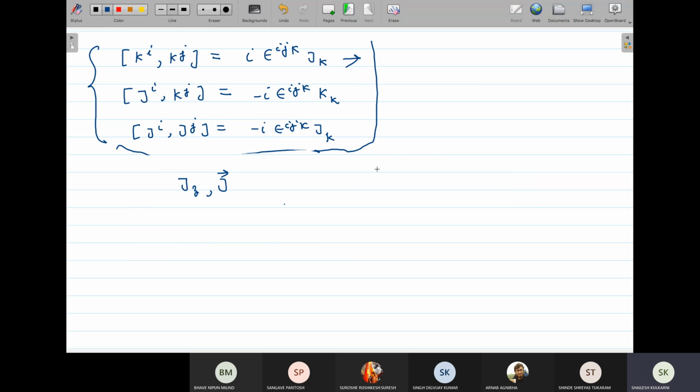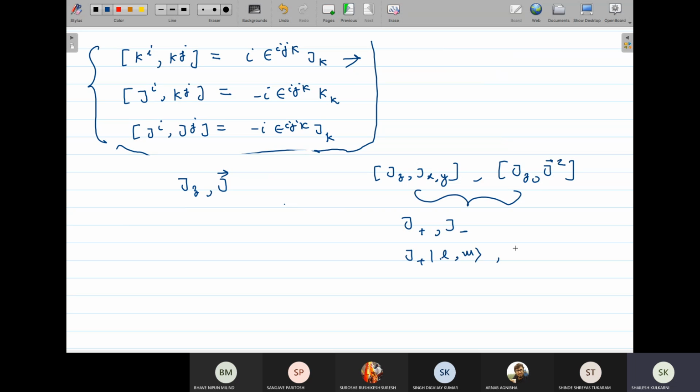If you know the commutation relation between Jz and Jx or Jy, and between Jz and J square, this is sufficient to build J plus, J minus, and the action of J plus, J minus, Jz, and J square on the states |l m>. These commutation relations are sufficient to derive the state space.